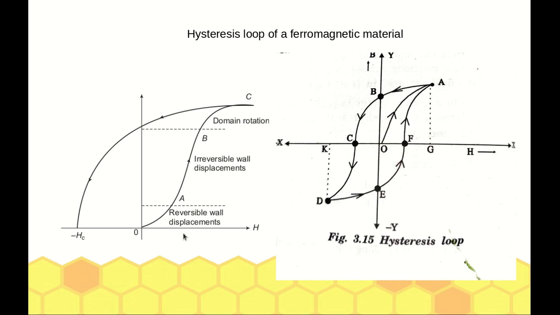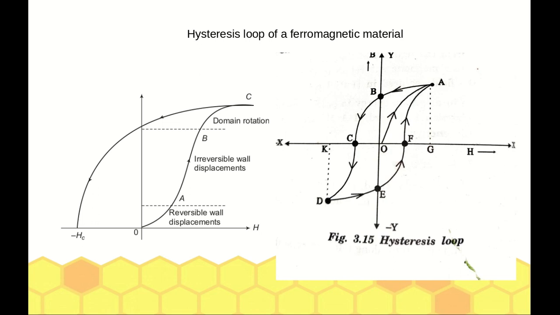Beyond that, when we increase the magnetic field, the intensity of magnetization also increases. In the region from A to B, the movement of the domain wall happens, but it is irreversible in this region.